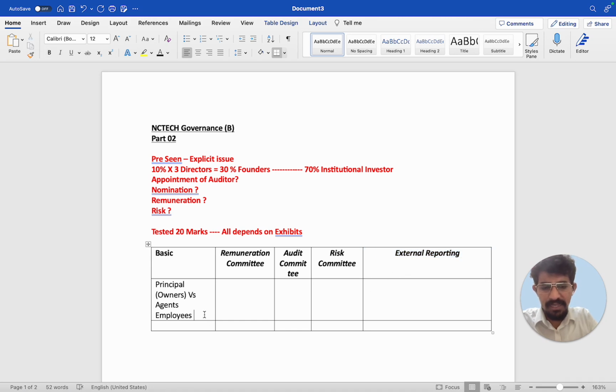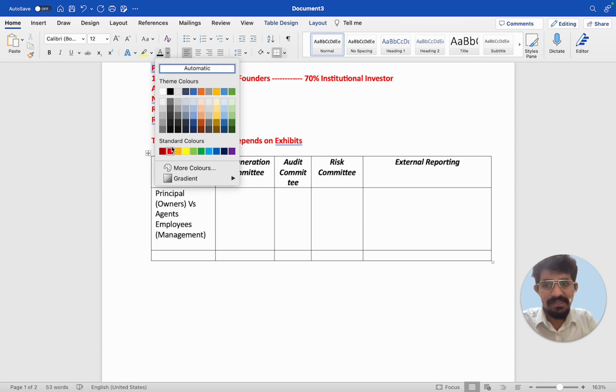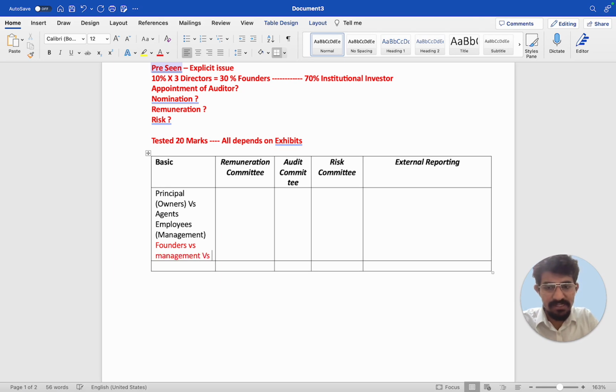Now, employees, or I can say management, also will be a good point. The biggest challenge at the moment for Nctech starts from here itself. The problem here is very clear: founders, that is our owners, versus the management, because in this case the 3 founders are already the management, versus the shareholders.